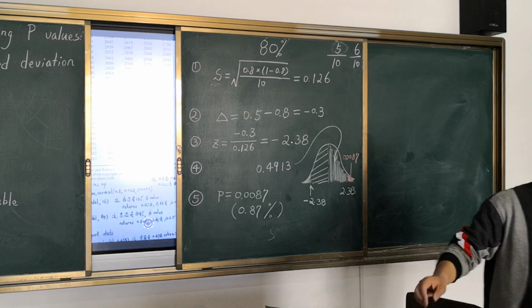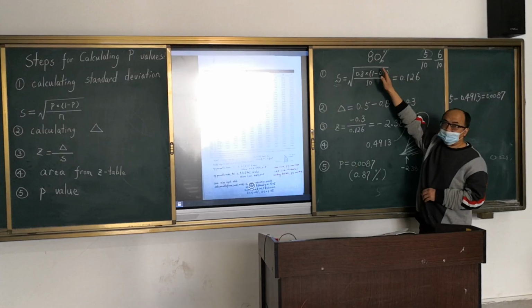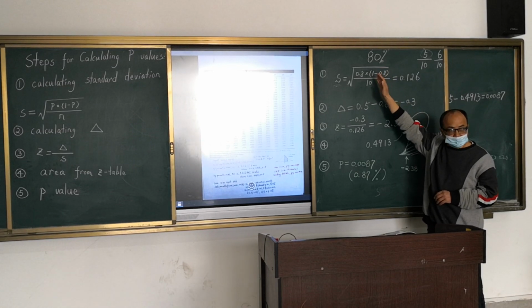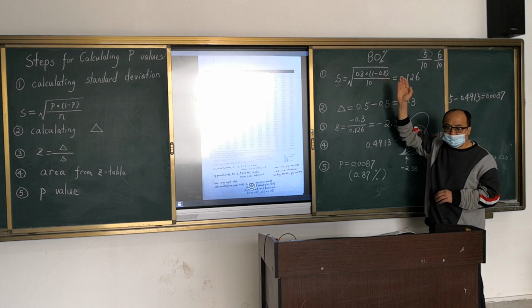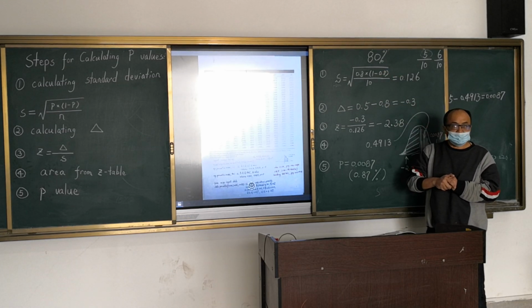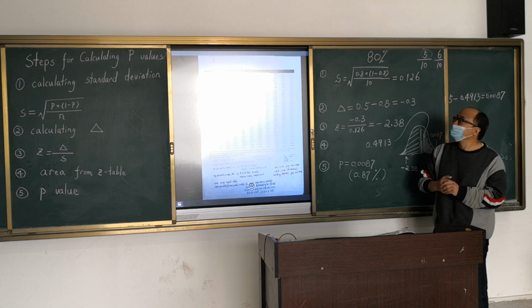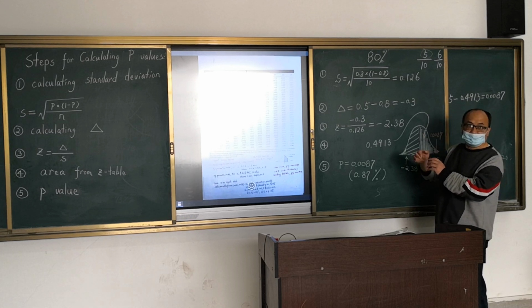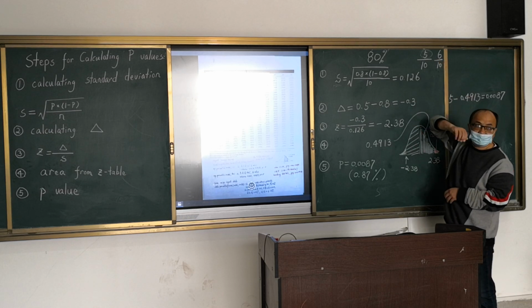A non-athlete claimed that he's an 80% shooter, and you said, show me. Then he shot 10 times. He made 6.